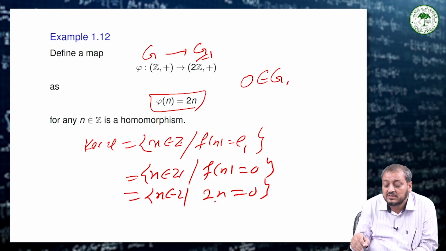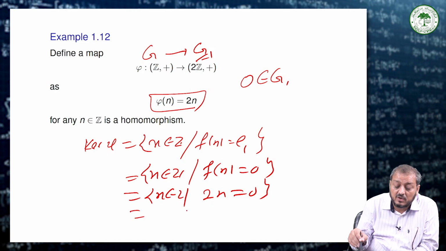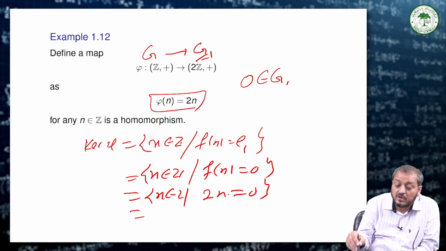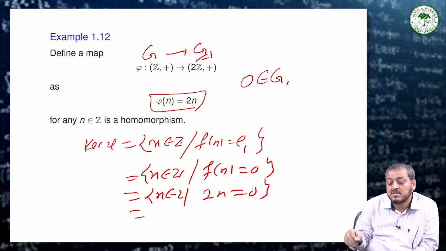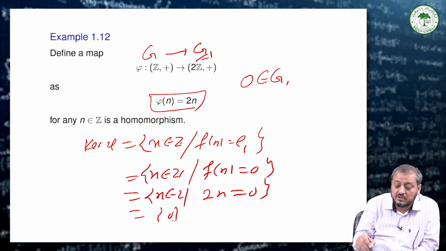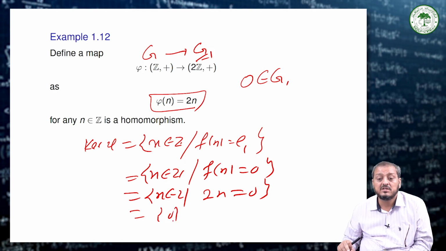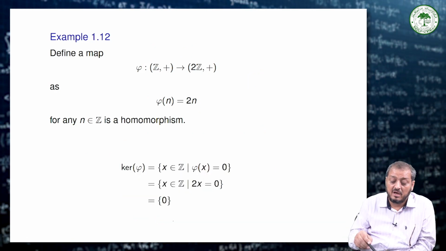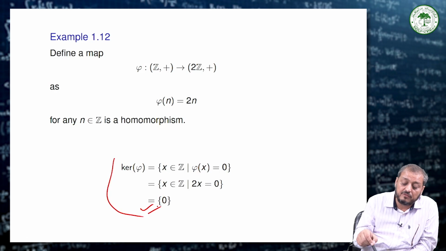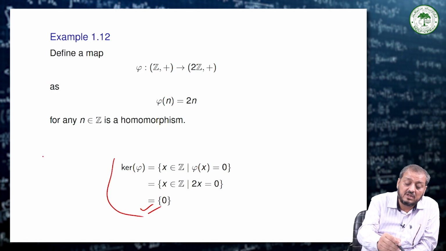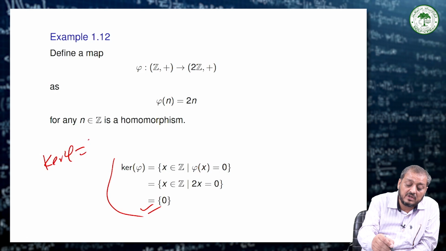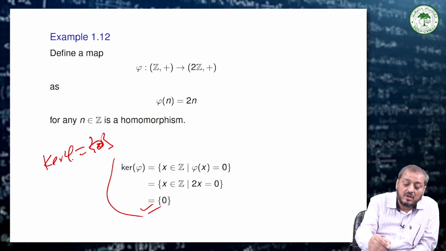So this means n is equal to 0, which means you have only 0. So clearly n equal to 0 is the only element of this set. The kernel of phi is only the identity element.